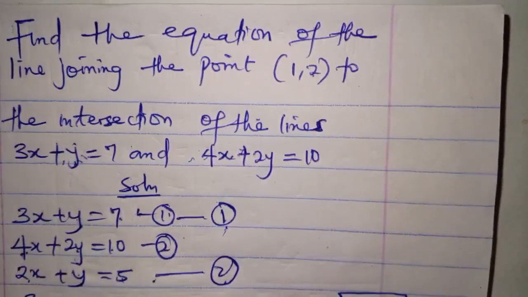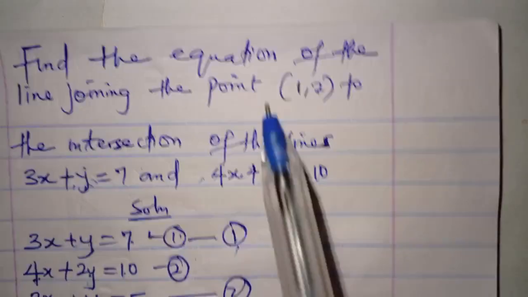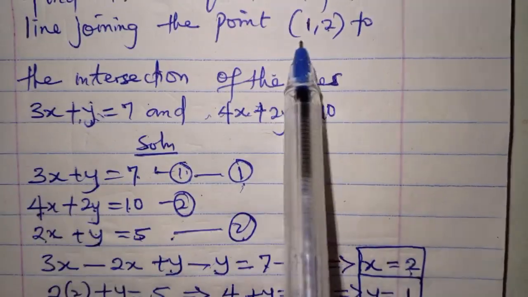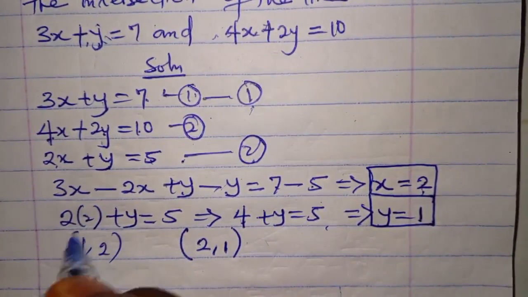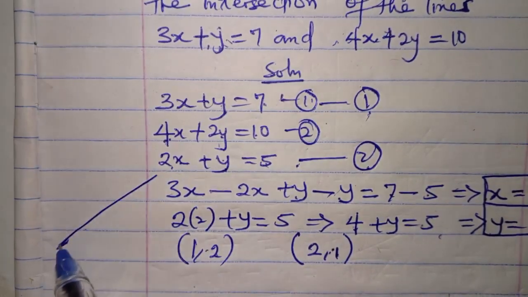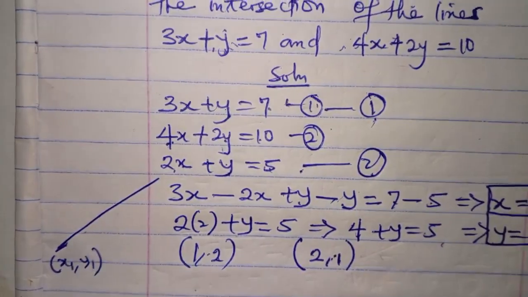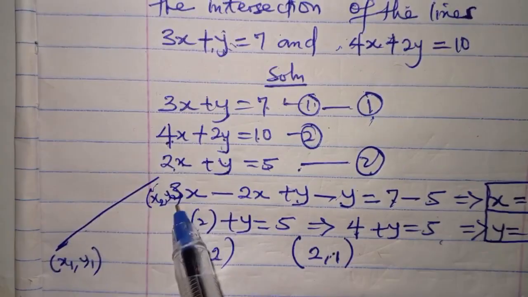So we have to find the equation of the line that joins this point and this point. So this point is 1, 2. Then we have a straight line like this. For example, this is x1, y1, and here we have x2, y2.